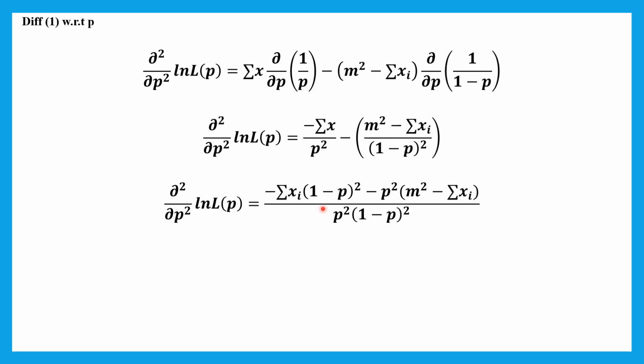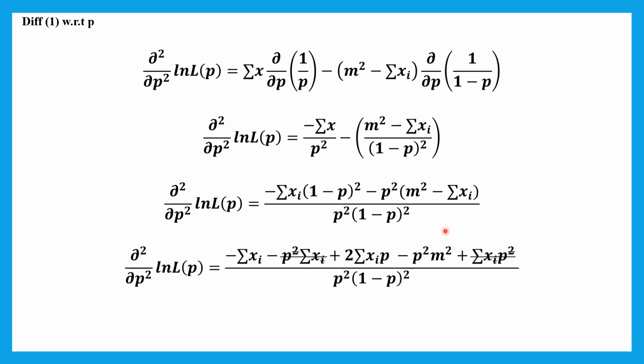Now taking the LCM, p square into 1 minus p whole square will be the LCM: minus summation xi into 1 minus p whole square minus p square into m square minus summation xi. Opening the square and multiplying by summation xi, and multiplying by p square and operating the negative, we have summation xi minus p square summation xi plus 2 summation xi p minus p square m square plus summation xi p square.